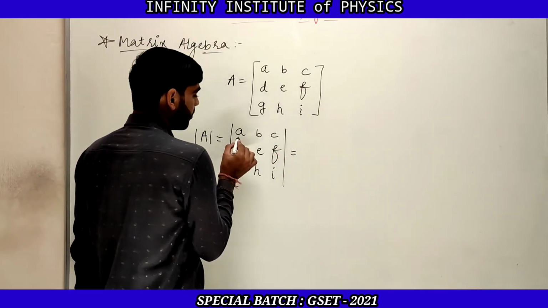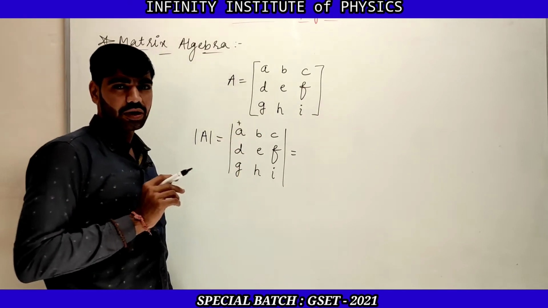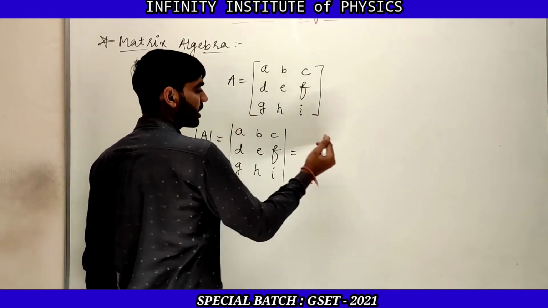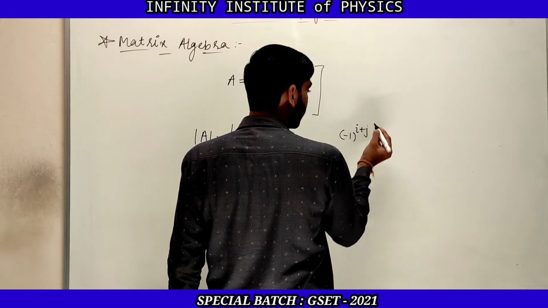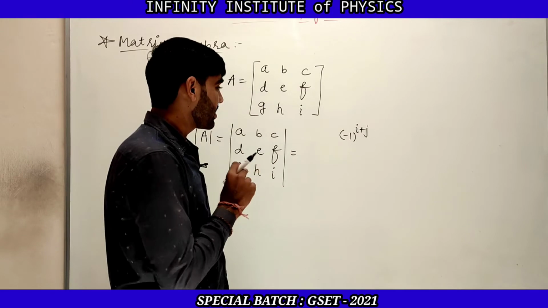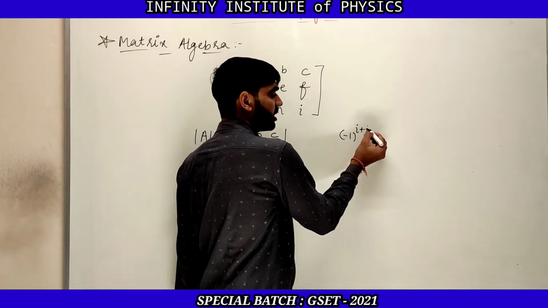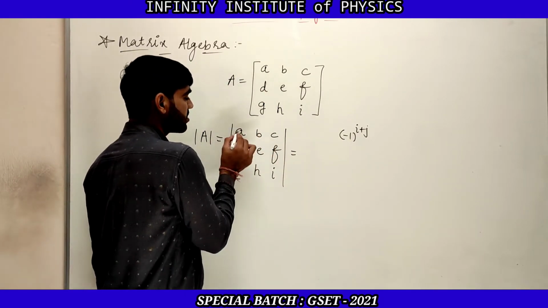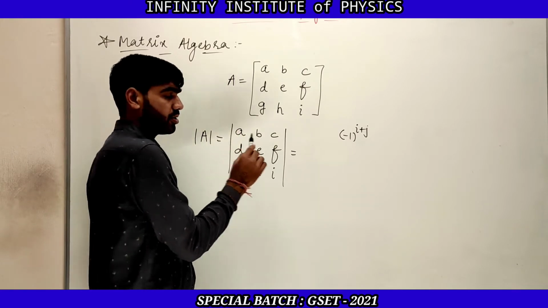Then first, there is a position sign for each element. You can give the position sign by minus 1 raised to i plus j, where i denotes the row in which that number is located, and j denotes the column in which that number is located. Consider the first element: it lies in the first row and first column.